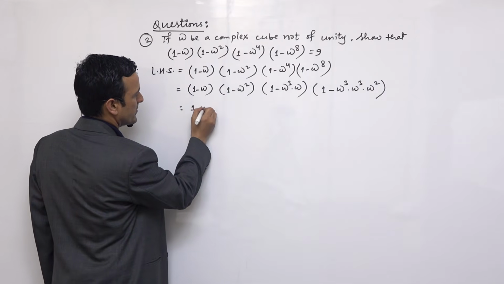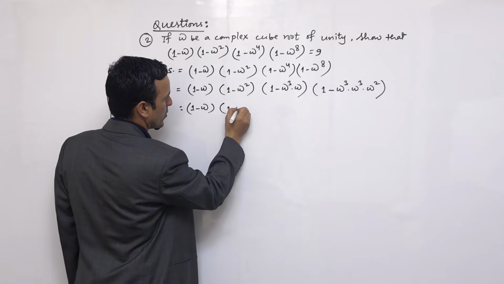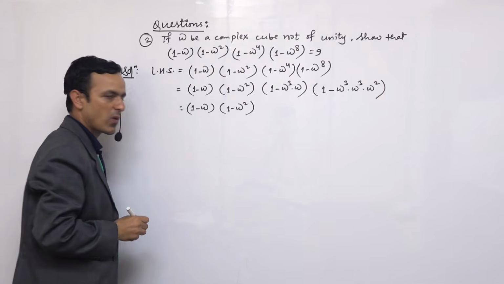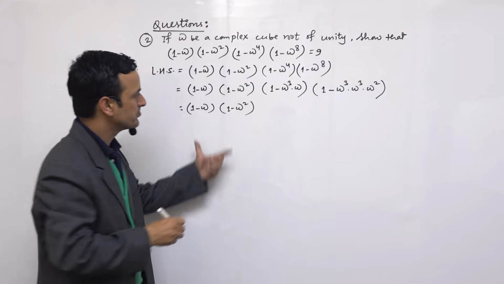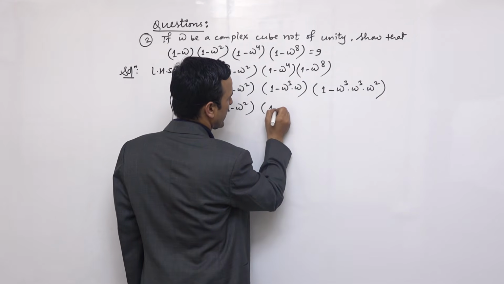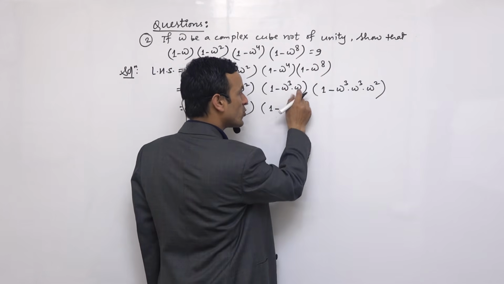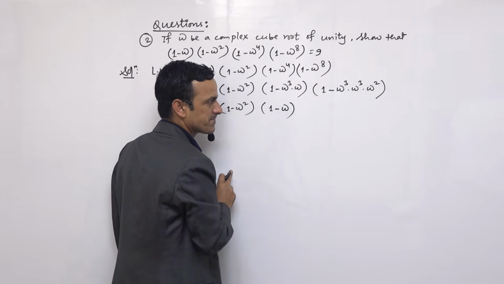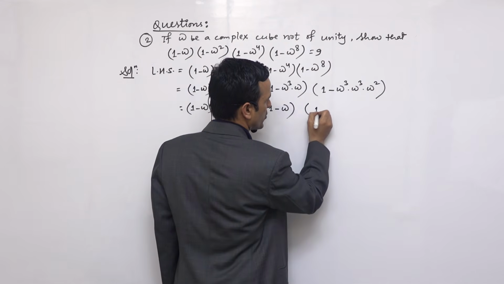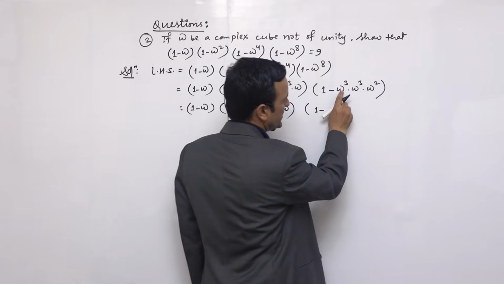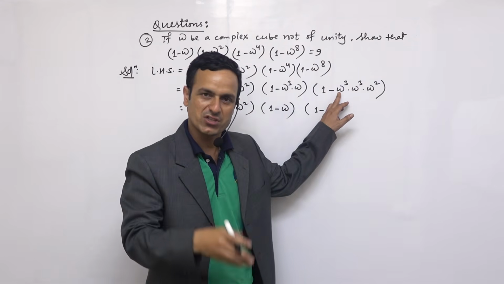Now 1 minus omega square, they remain the same. Here we can write omega cube means 1, and 1 into omega means it is omega, and here is 1, that is the same. This is also 1, omega cube means 1.